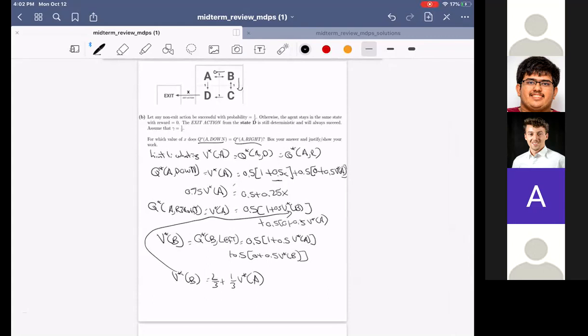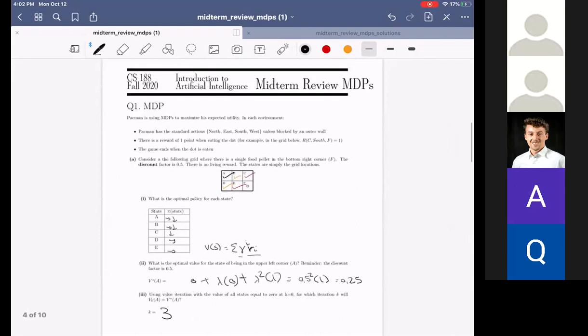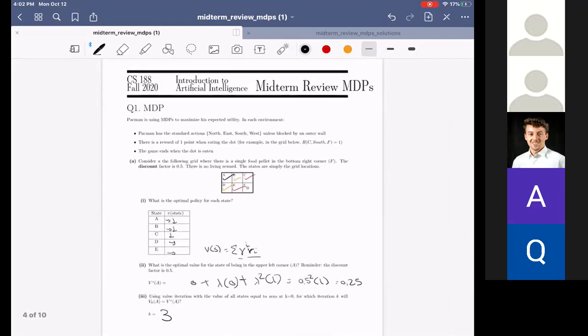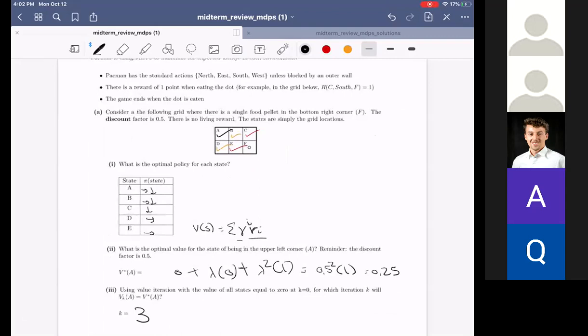I have a question, going back to the first question, part A. When you wrote V of S as the sum of the discount to the power of i times the reward of i, did you get that formula because there's no living reward? Would it be different if there was a living reward? I just wanted to make sure my understanding was correct. Yeah, this is sort of a hand wavy formula.